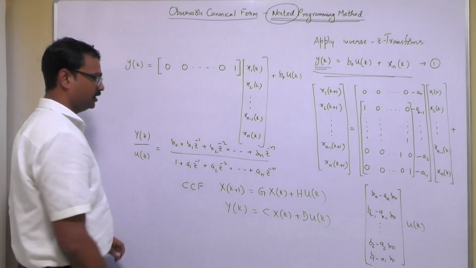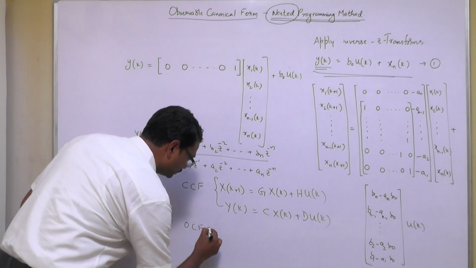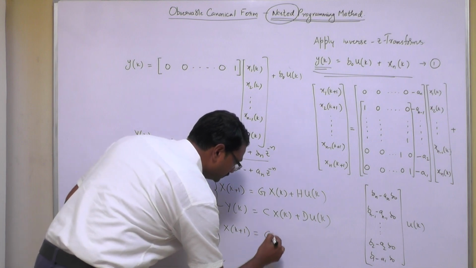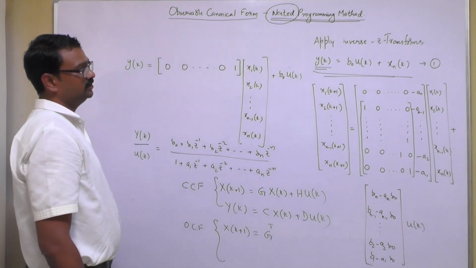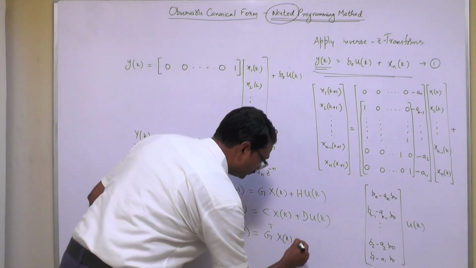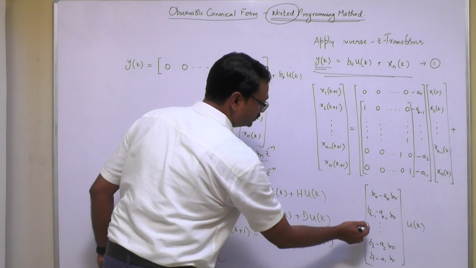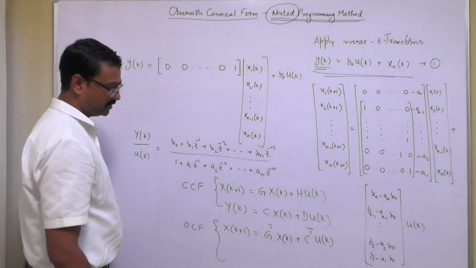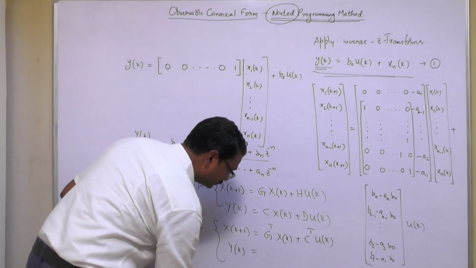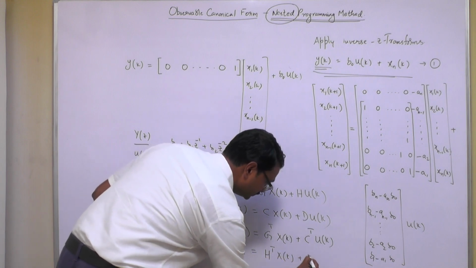Now if this is for controllable canonical form, then for observable canonical form you have x of k plus 1 is equal to g transpose of x of k plus here you have c transpose u of k. This is the transpose of the H matrix in that equation, and y of k is equal to H transpose of x of k plus d u of k.